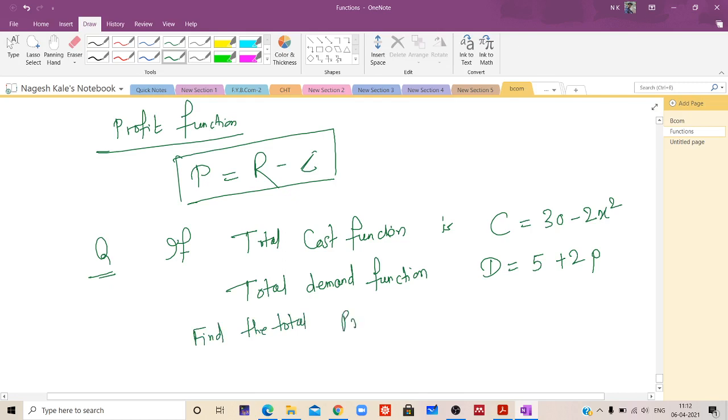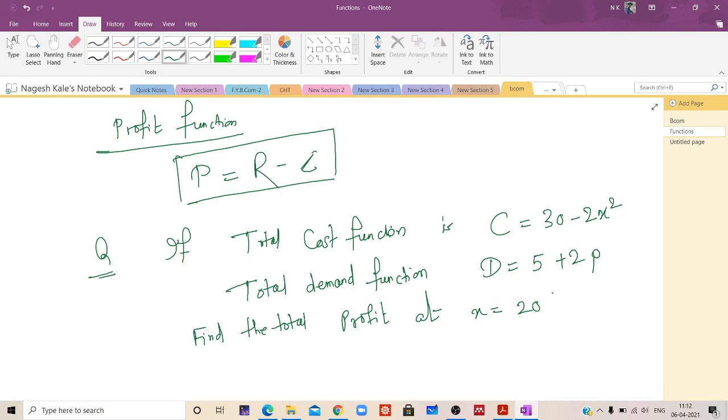Find the total profit at x equal to 20. What is x? X is the number of units produced, okay, this is demand, 5 plus 2p, and we have to calculate total profit at x equal to 20.